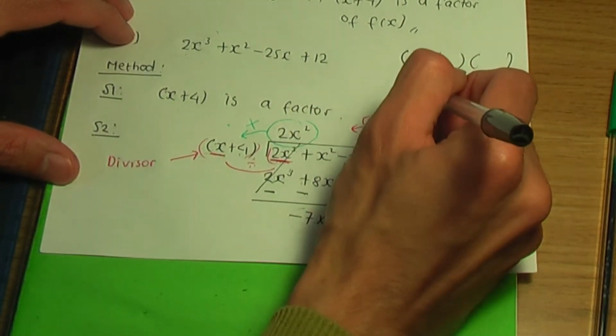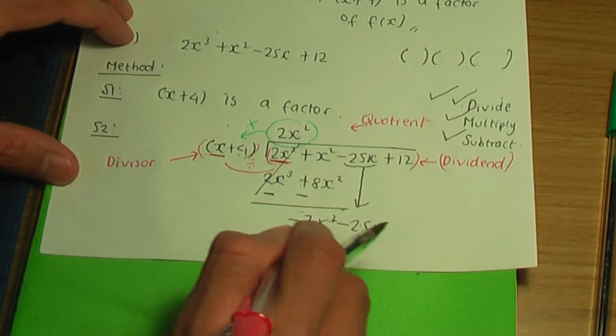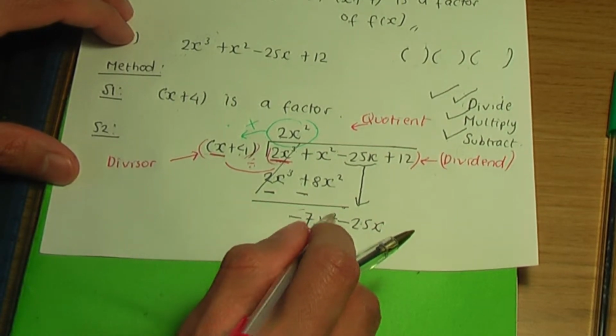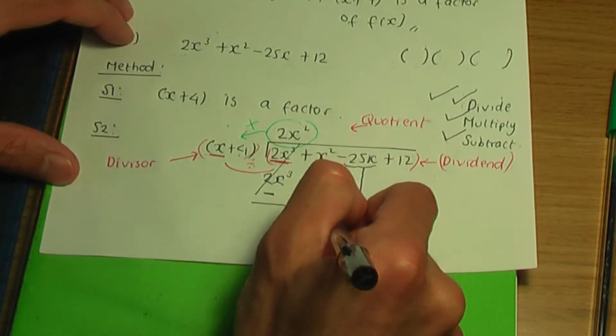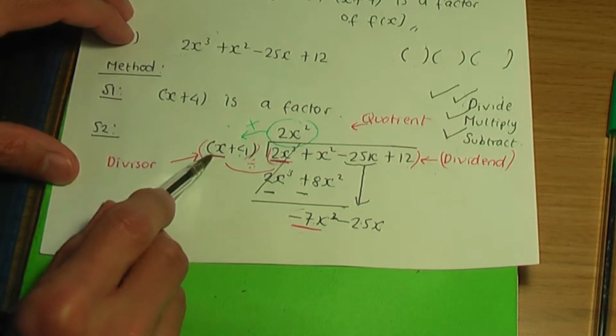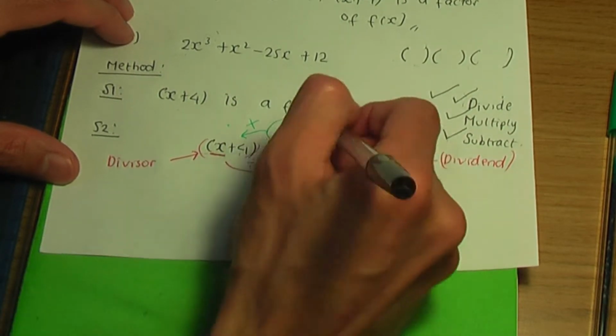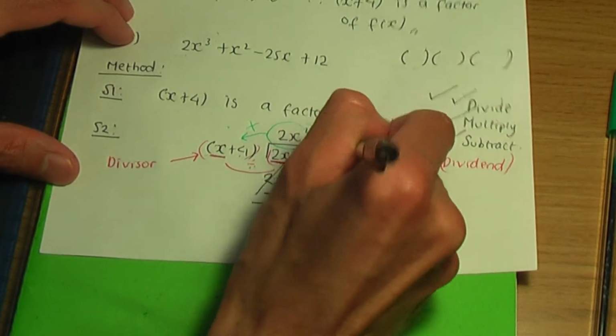Back to division. You divide the first term, and the first term here is minus 7x squared, which is power 2. So minus 7x squared divided by the first term of the divisor, x, is minus 7x.